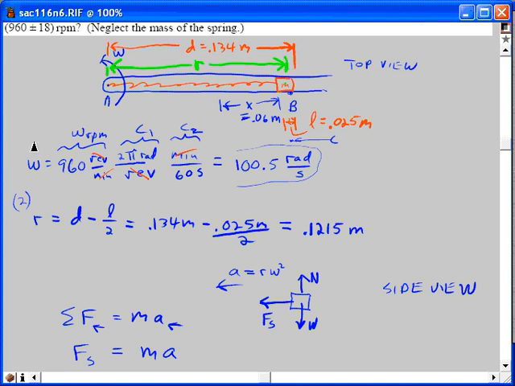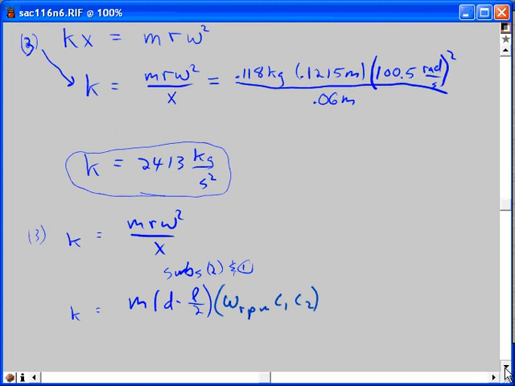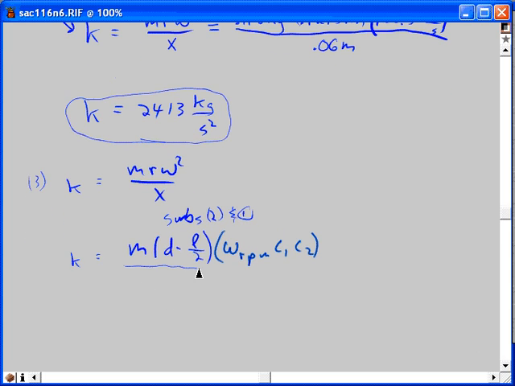So I'm going to call that equation 1. So substitute 2 and 1 into this. For omega, I'll have omega RPM times C1 times C2. And on the bottom I've still got x.